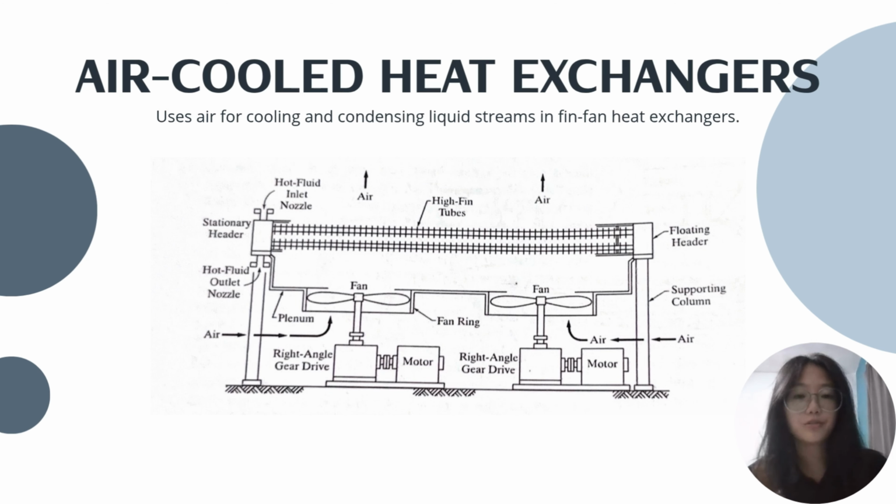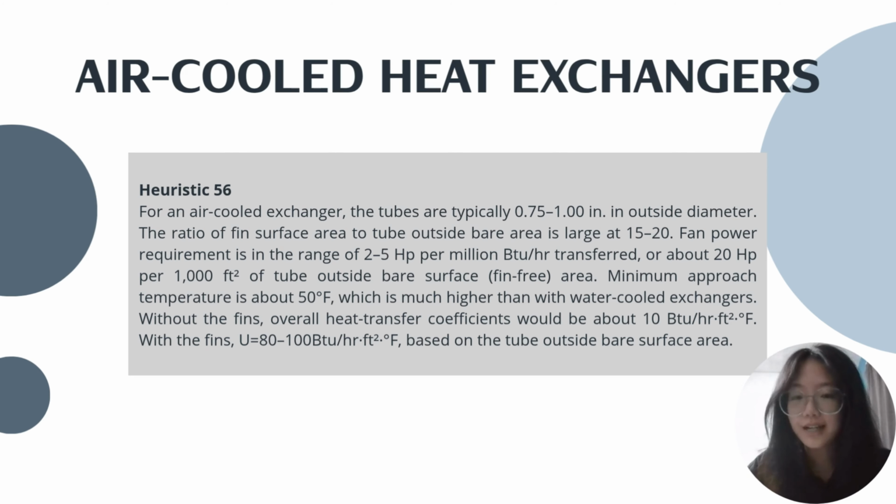You can see there are two fans at the bottom of the heat exchangers. They will blow air up through the fins and allow the fluid to cool down. And then after the fluid cools down, it will exit through the hot fluid outlet nozzle. For the initial design of air-cooled heat exchangers, heuristic 56 is used.